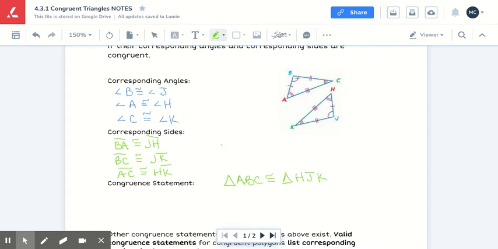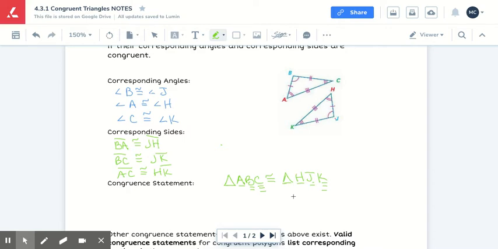Now there are different ways to write this congruent statement for these two triangles. Any combination of ABC that I can come up with, I could write a congruent statement for that. I would just have to make sure that the corresponding angles still matched up. That's all that matters.